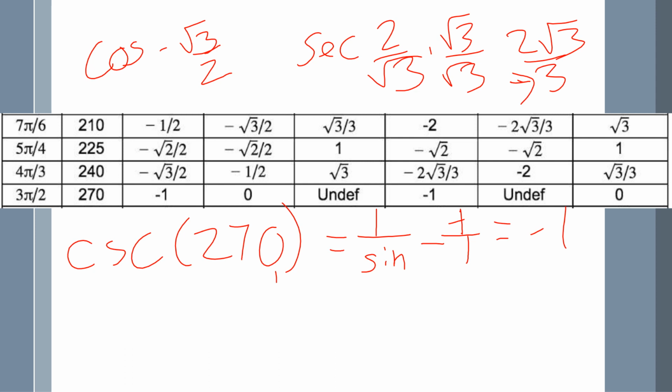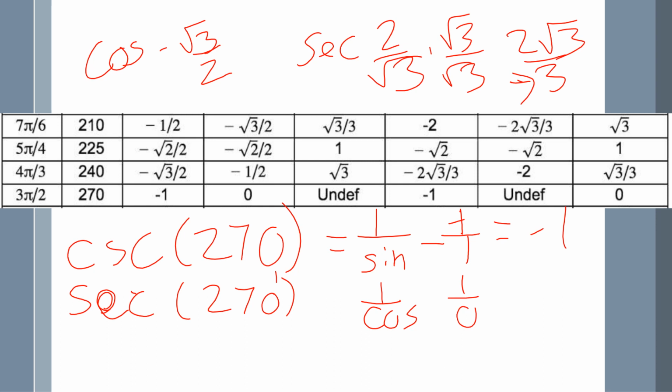Let's do secant of 270. So secant is 1 over cosine. So that's going to be 1 over 0, which we know is undefined. That can never happen. And that's pretty much that.